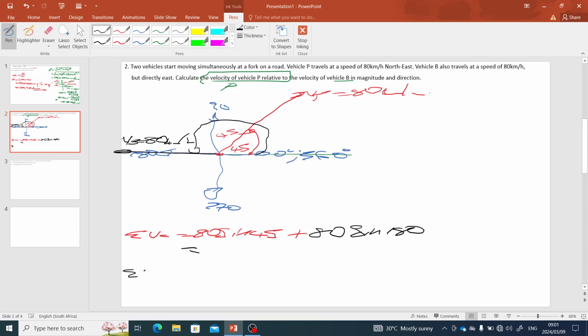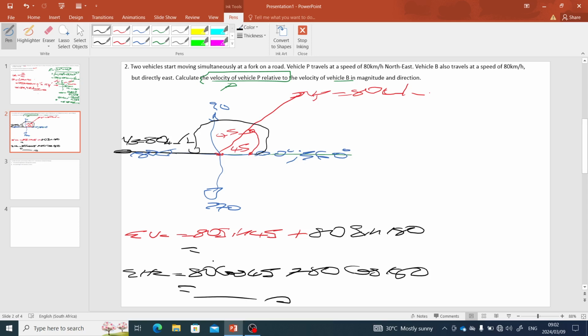Then when coming to the sum of the horizontal component, where we put sine, we put cos: 80 cos 45 plus 80 cos 180. All right, then we get our answers. Okay, let's do that. 80 multiplied by sine 45 plus open bracket 80 multiplied by sine 180 equals.